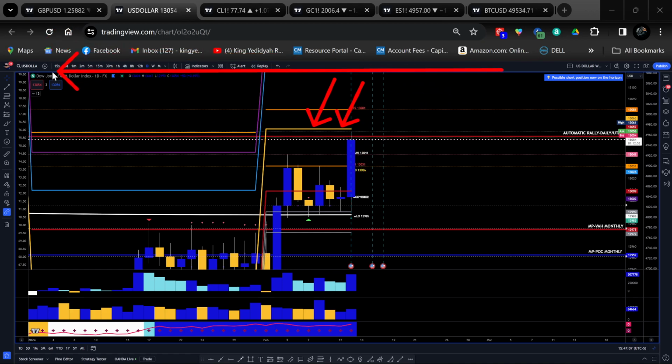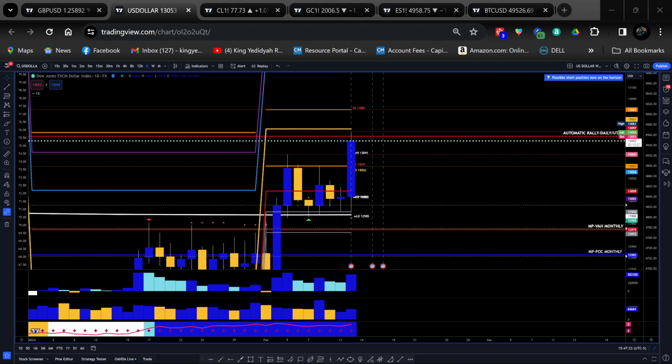So if you want to check this out, you'll see it's different numbers compared to the Dixie. It'll be Dow Jones FXCM dollar index, right? So I'm thinking here that most likely we might get a retracement back down to this monthly floor pivot R1.